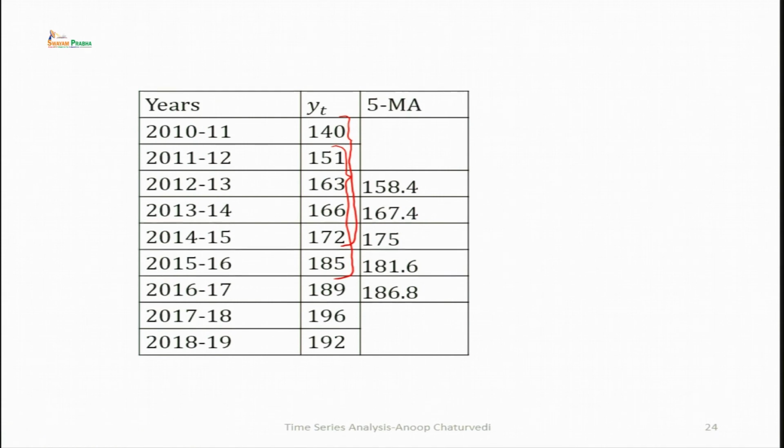But notice that you are missing the trend values corresponding to first 2 and last 2 observed time points. These last 2 time points are very important, at least for prediction purpose, because for prediction you require more recent trend values. More recent trend values are more important. So, this is the main drawback of this method. You do not get trend values corresponding to last few observations.